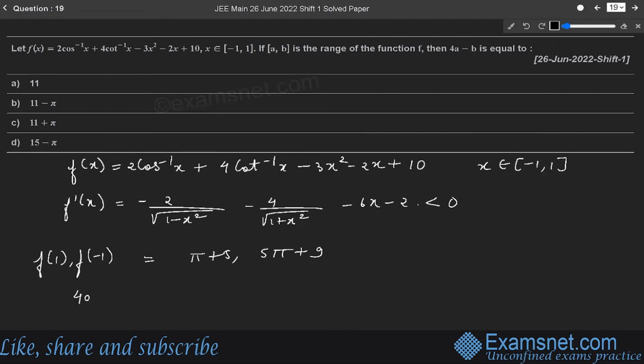Now, 4a minus b will be equal to 4 into pi plus 5 minus 5 pi plus 9. So this will be equal to 11 pi minus 11 minus pi. After solving, this will be equal to 11 minus pi. So we can say that the correct option here is option number B, which is 11 minus pi.